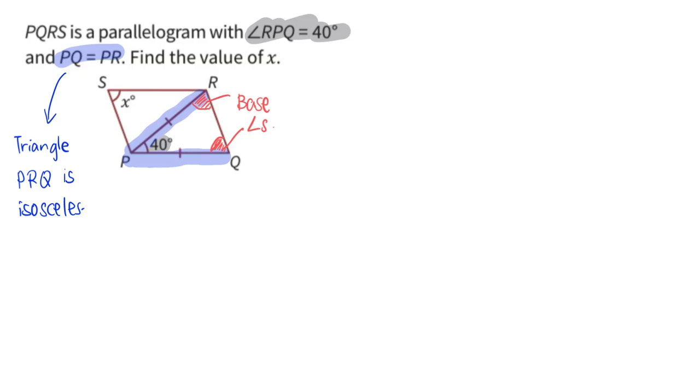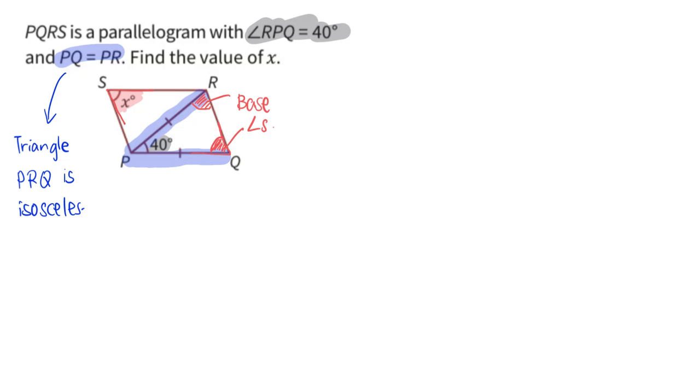And once I am able to get the angle PQR, I will be able to tap on the property of parallelogram now, in that the opposite angles of a parallelogram are equal to each other. So this is the key to get the base angle of triangle PRQ.